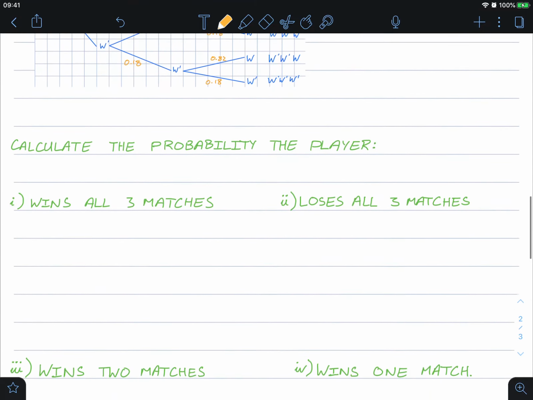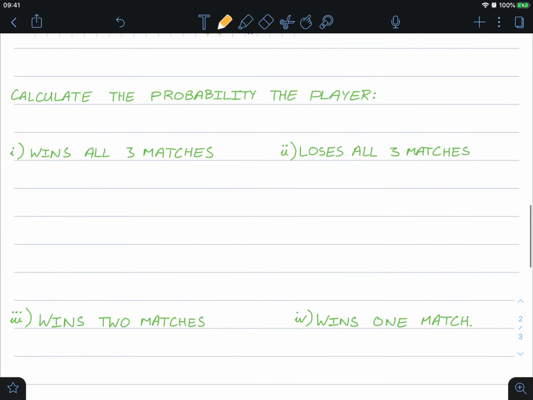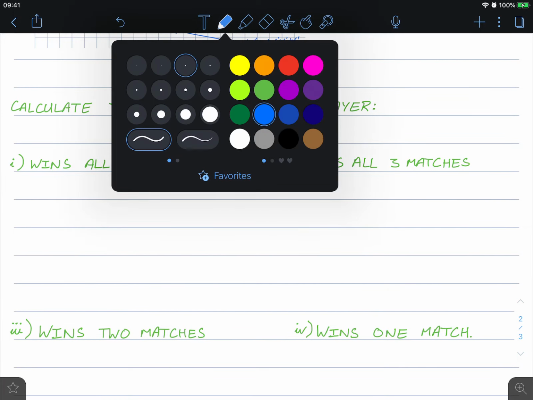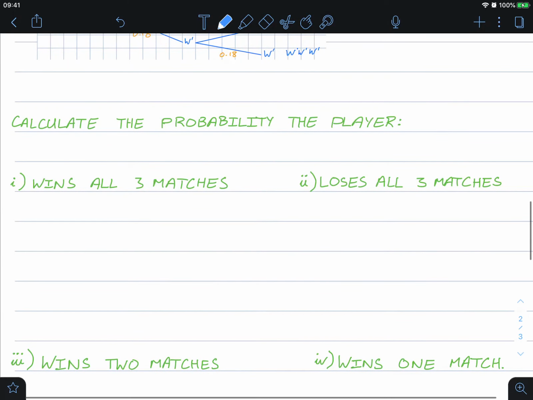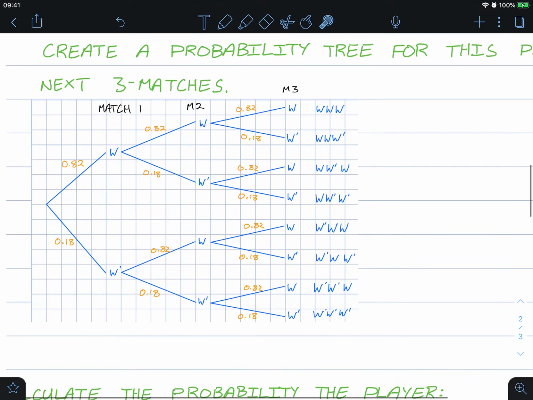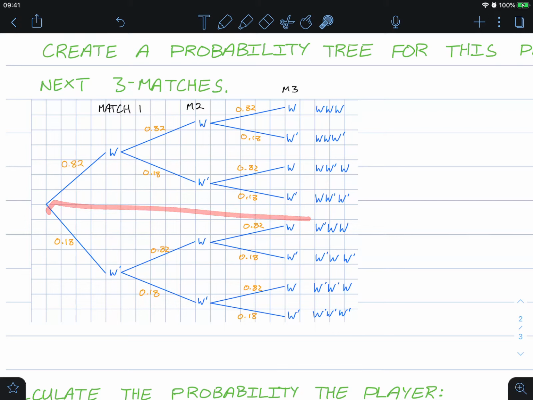So, now that we have this, let's calculate the probability that the player wins all 3 matches. Well, to win all 3 matches, we write that as probability of win, win, win. Well, I hope you remember from the previous video, to get to this result, we multiply all the branches horizontally, getting to that result. So that's win, win, win.